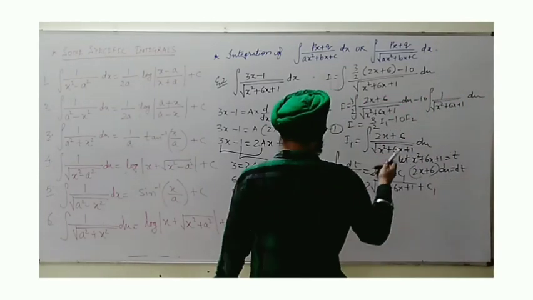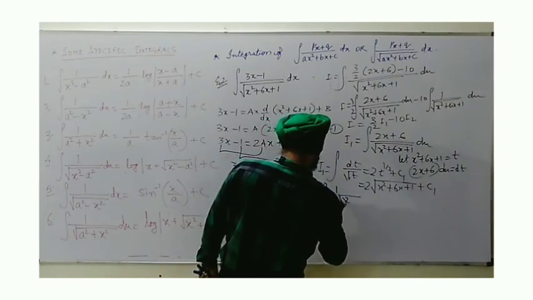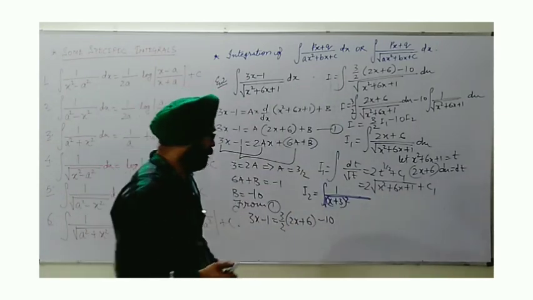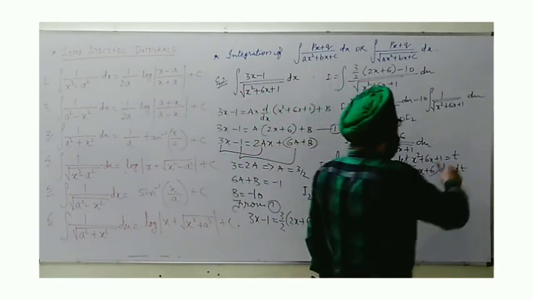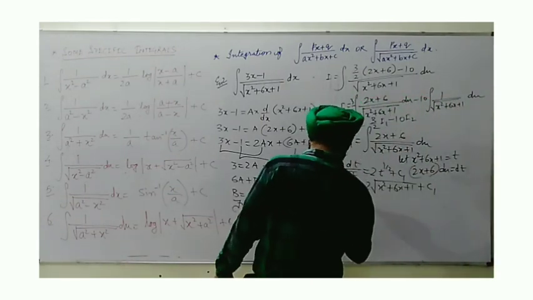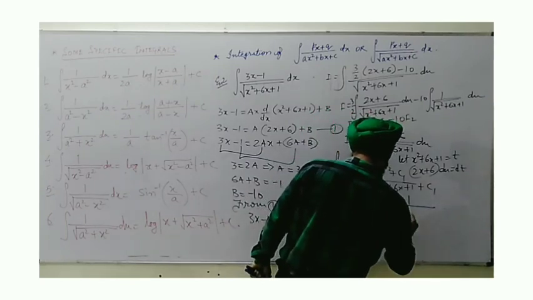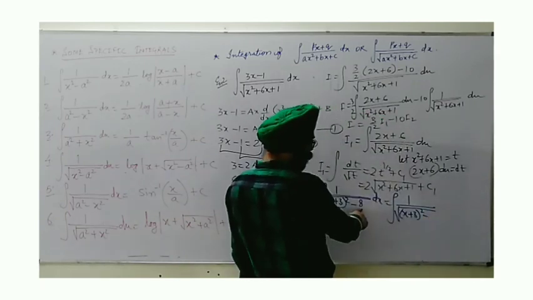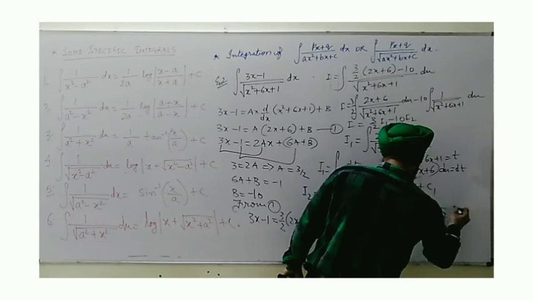The value of b is 3, so we can write this as x plus 3 whole square under root. 3 square, as I said, will be added and subtracted. The addition part we have taken in this complete square. Now subtraction from 1: 1 minus 3 square will be minus 8 dx, which further can be written as 1 upon under root x plus 3 whole square minus 2 root 2 whole square dx.